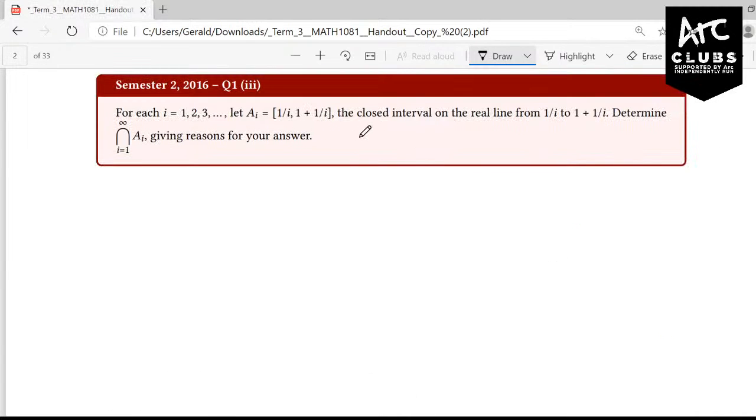So for this question, we want to find a bunch of intersections, infinitely many of them, and we want to find what this ends up being. To do these problems, the first thing I would always do is think, okay, what are the first few sets? If we take i equals 1 and plug it in, this part becomes 1, and this portion becomes 1 plus 1 over 1, which is 2.